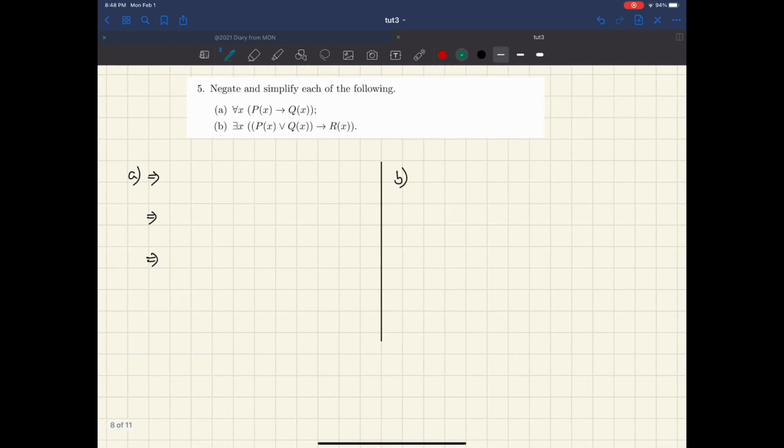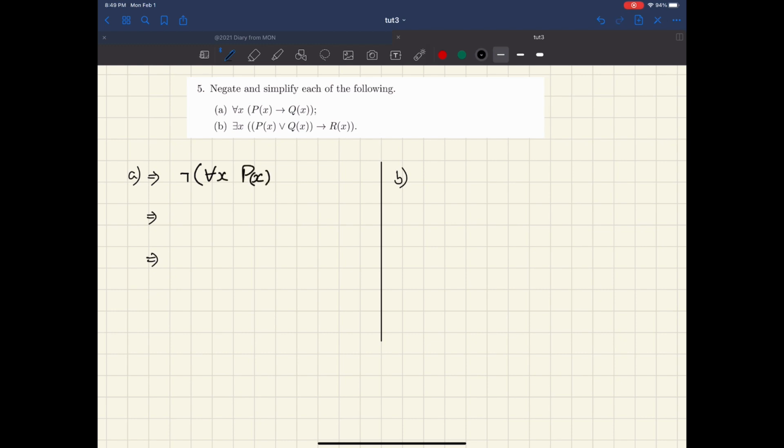Moving on to the fifth, we have negate and simplify each of the following. The first one is for all x, P of x implies Q of x. And the second one is for some x, P of x or Q of x implies R of x.